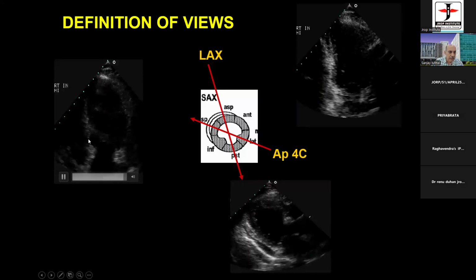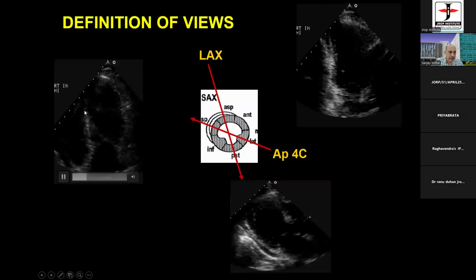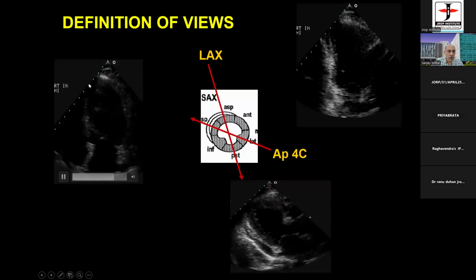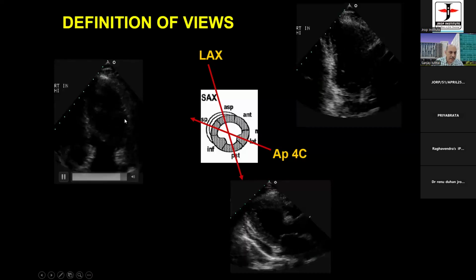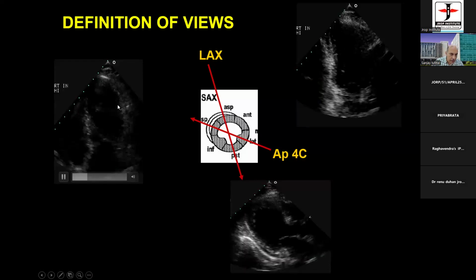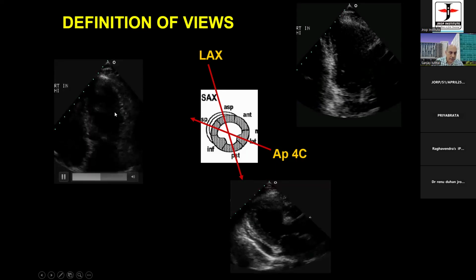We commonly call it septum because it has a basal, mid, and apical septum. Mind it, at the apex we do not have anterior septum, which is why this is collectively called septum rather than posterior septum. And the lateral wall on the other side, in the middle segment, gives rise to the anterolateral papillary muscle.